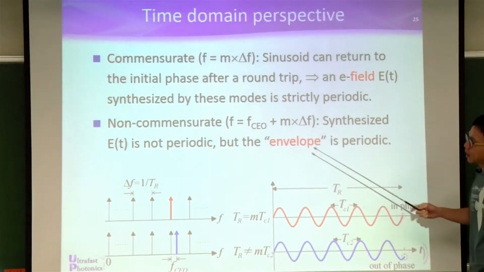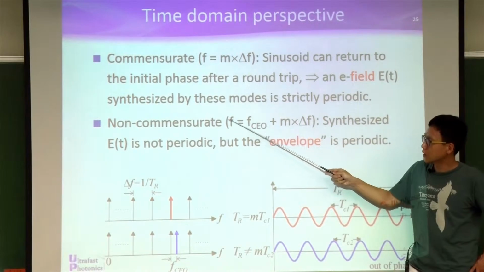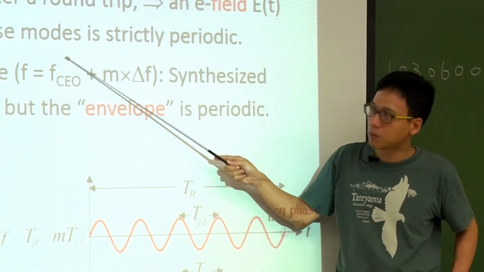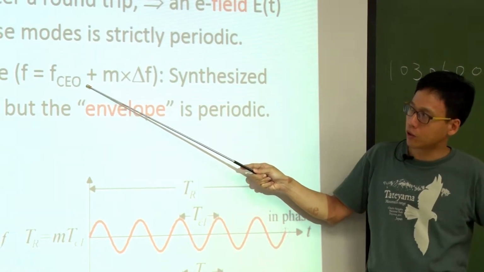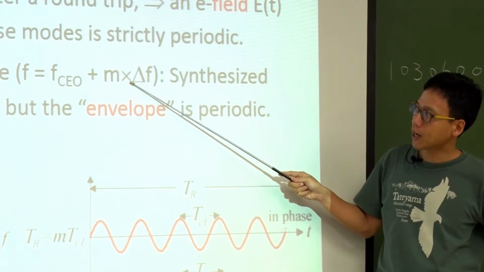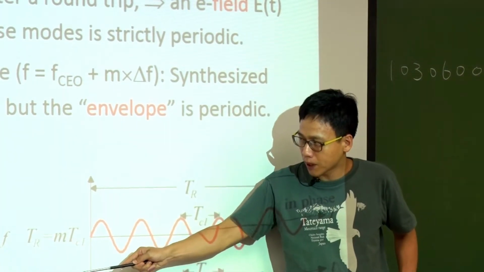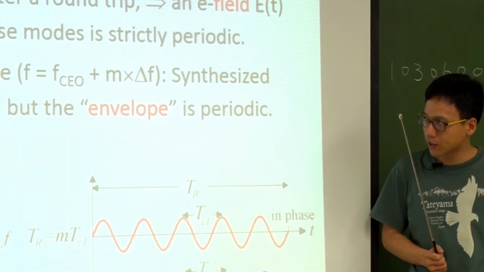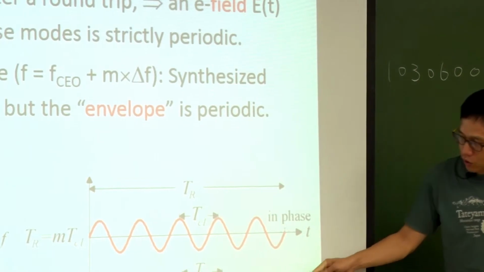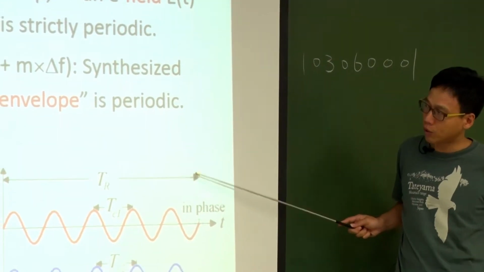But if you have non-commensurate modes, your frequencies f satisfy some common shift, usually referred to as fCEO, plus integer m times mode spacing delta f, just like this picture. We pick up one specific frequency satisfying this formula. The sinusoid will not repeat itself after one round trip.